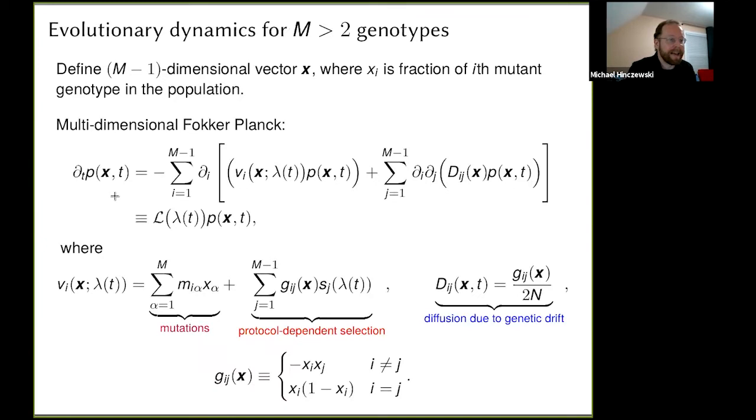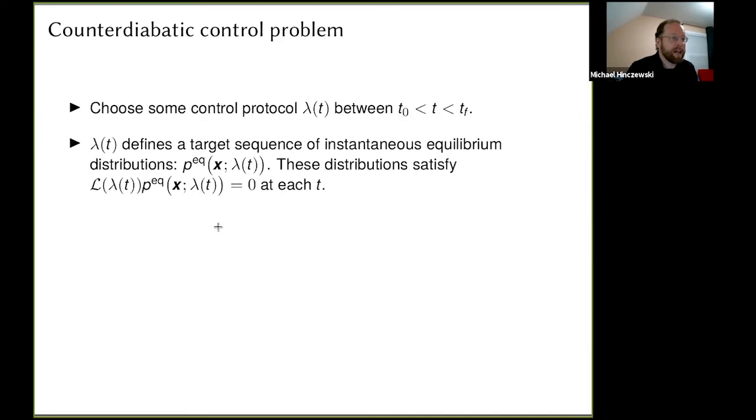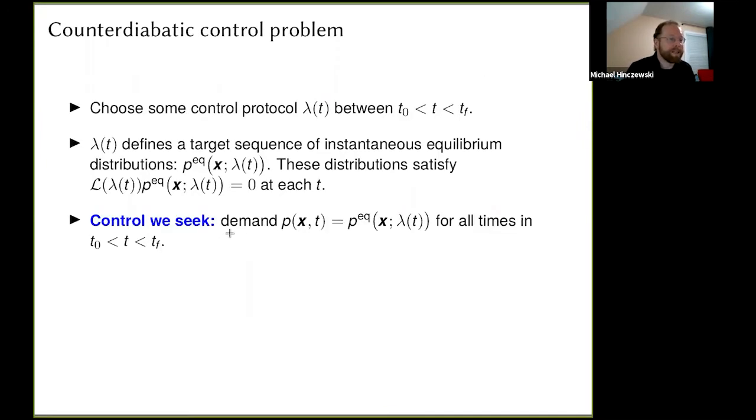Because if that operator acts on P equilibrium, it should give 0, the instantaneous equilibrium. And the control problem is that we demand that our probability equals our instantaneous equilibrium probability at all times during this protocol. And that's what we want.